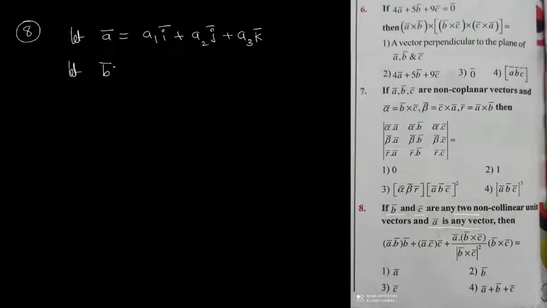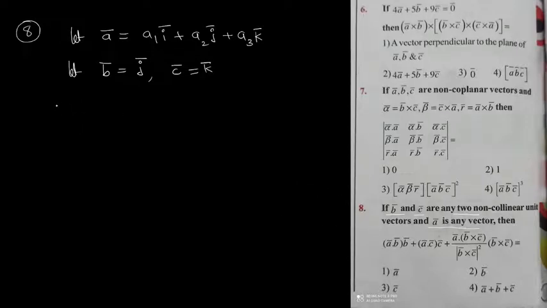Let B bar equals J bar, C bar equals K bar. J bar, K bar are also two non-collinear unit vectors, that's why I'm taking like this. Now here A bar dot B bar into B bar, A bar dot C bar into C bar.